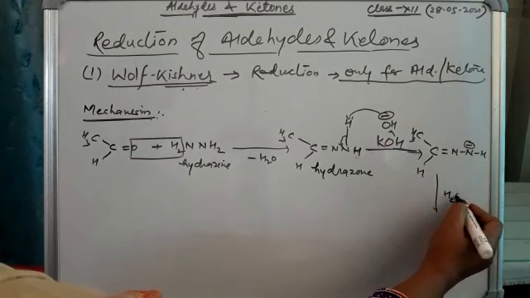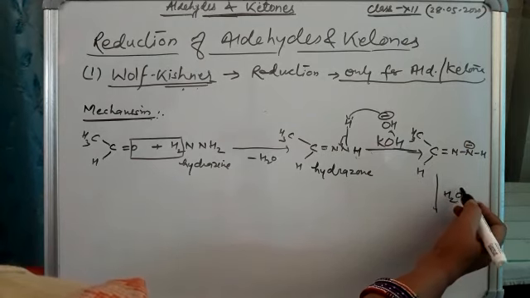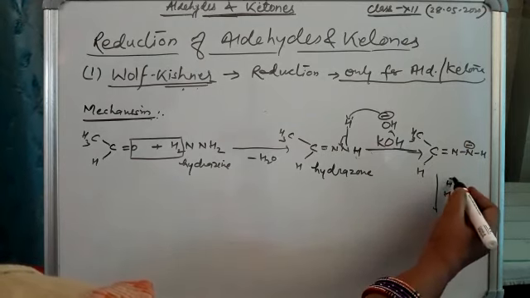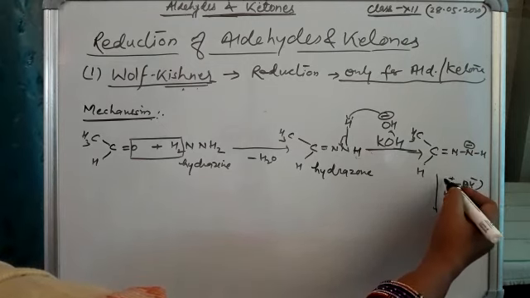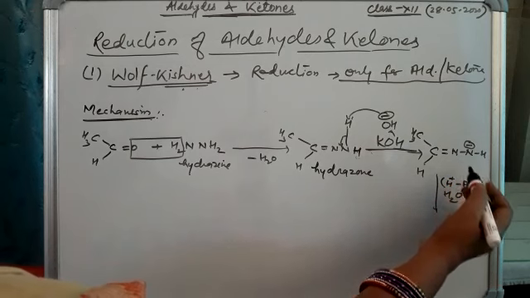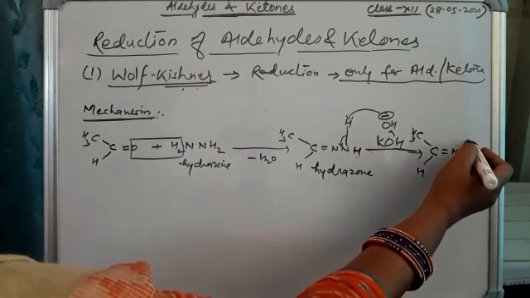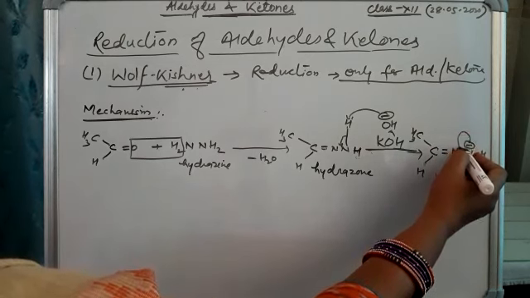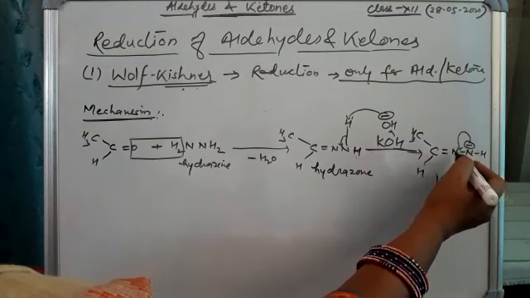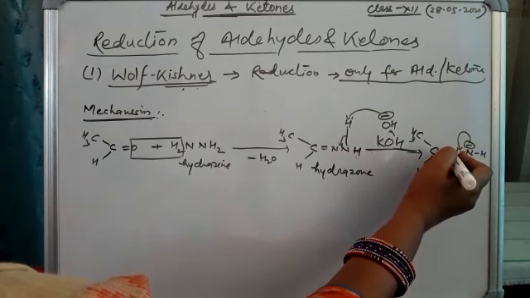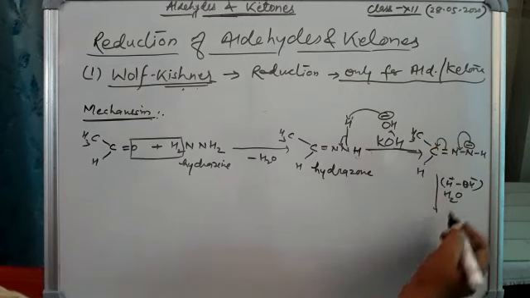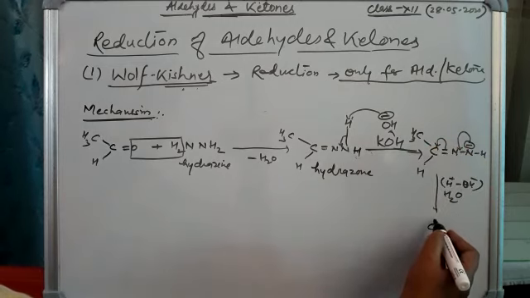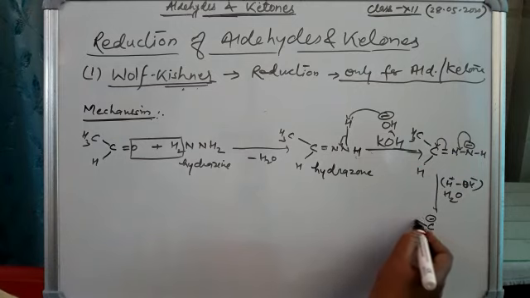The reaction takes place in basic medium, so water is present here, giving H and OH ion. This electron pair comes between this nitrogen and nitrogen. Simultaneously, the pi electrons shift towards the nitrogen, so carbon acquires a negative charge.